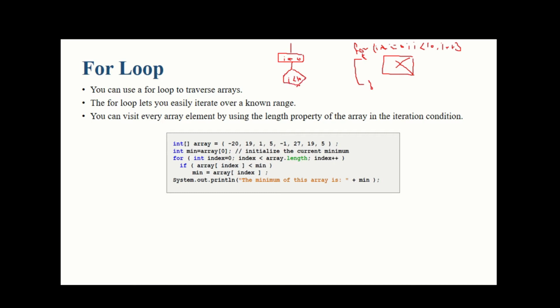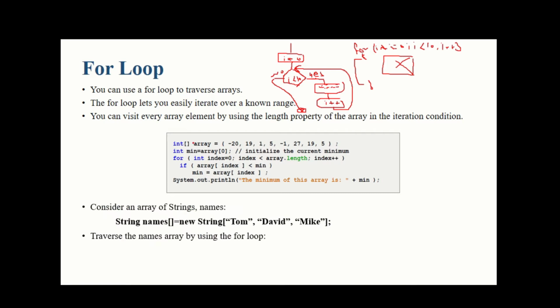You have two options, yes or no. If it's yes, you do something here, and after you do it, you increase i, adding 1 to i, and then go back to the condition. If no, you have to finish. So this is the loop.